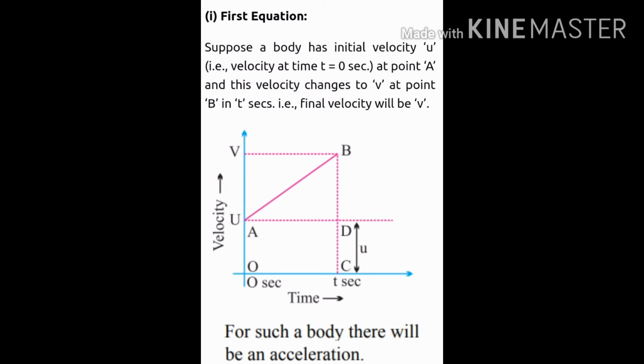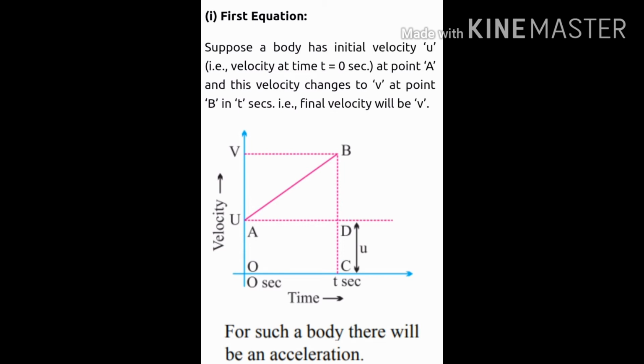So the first equation. Suppose a body has initial velocity u, that is the velocity at time 0 second at point A, and this velocity changes to v at point B in t seconds. That is, final velocity became v. Now in this graph, you can check that at 0 second it was considered as the origin point O, and the starting initial velocity has been taken a little bit greater than the value of 0, so they have taken it a little bit upward, and that point they have named A. Now the initial velocity is u, and the final velocity is v, so you can indicate the point after t seconds.